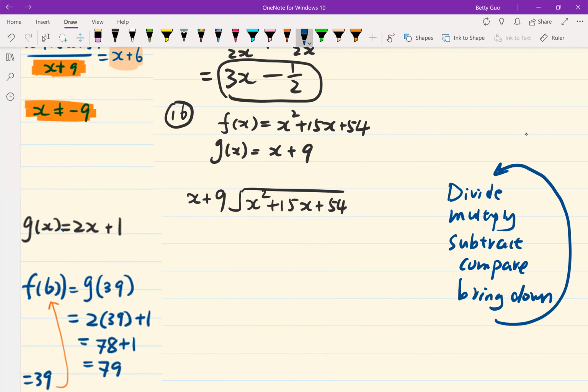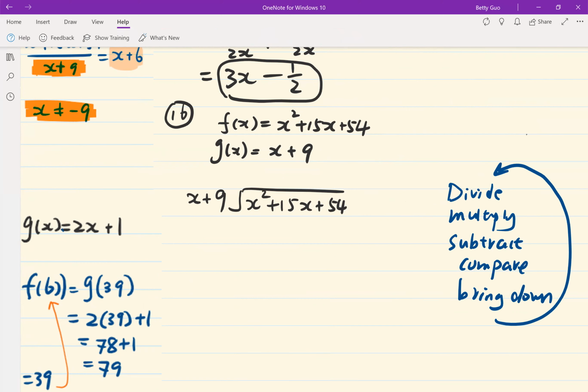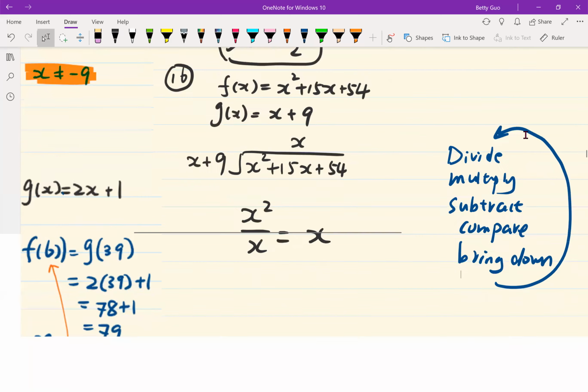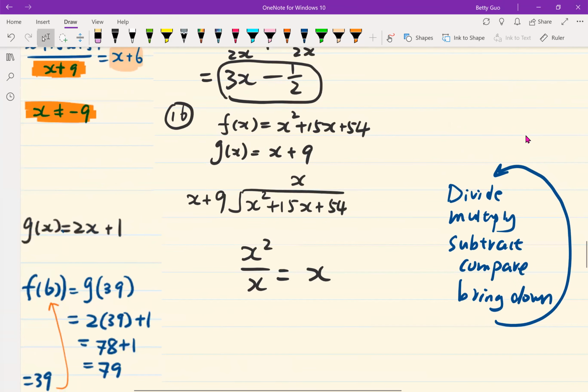So first step, divide. We are going to use the first term in the dividend to divide by the first term in the divisor. So x squared over x, that is x, right? We put the quotient x right above the division symbol, aligned with its like term, right above 15x.